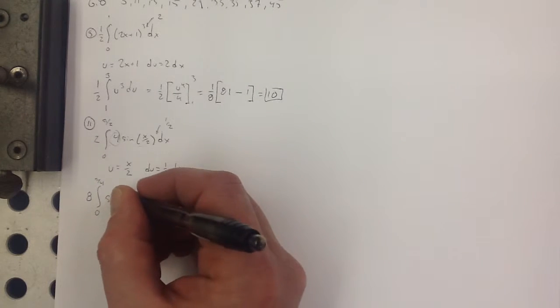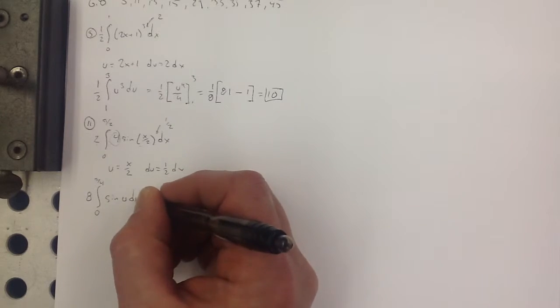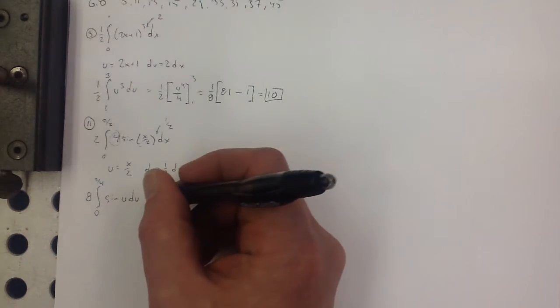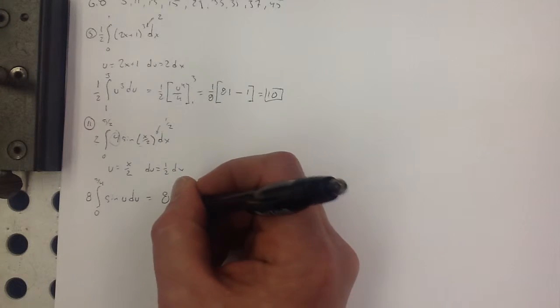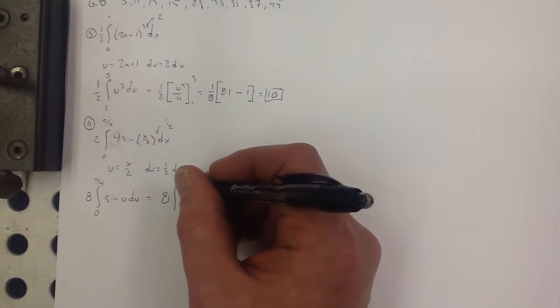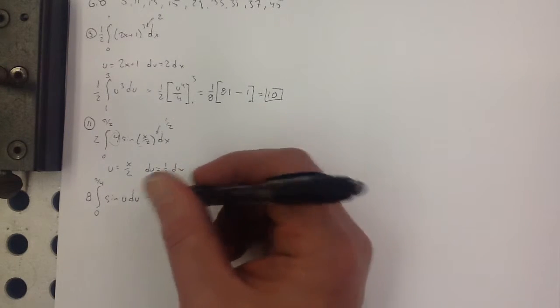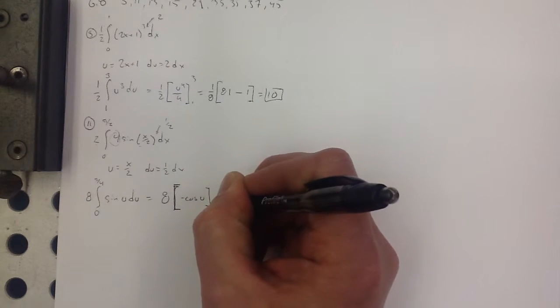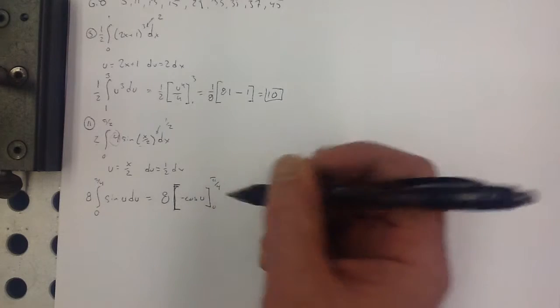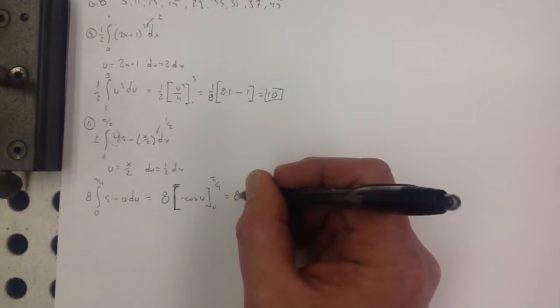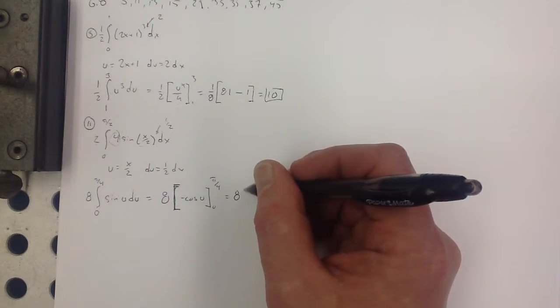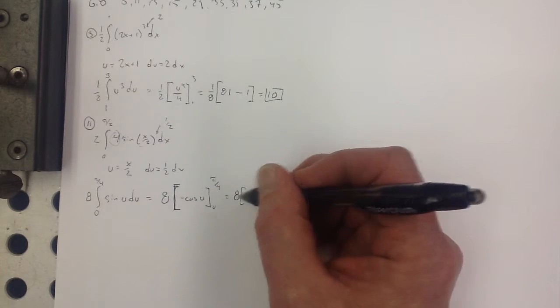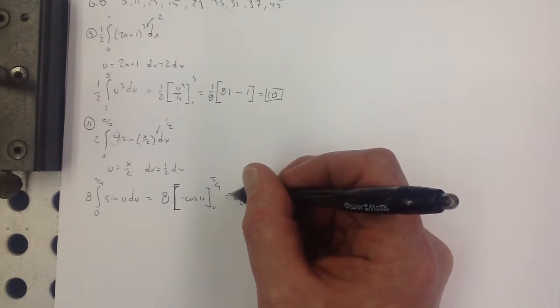And I now have sine of u du. So that's equal to 8 times the, oops, sorry, I think I'm going to take my antiderivative now. Antiderivative of sine is negative cosine u, 0 to pi over 4. So I've got 8 times the, I'm going to take the negative sign out because that's just confusing.